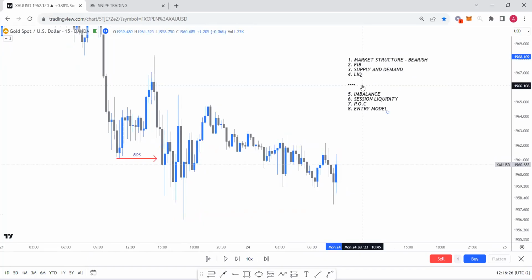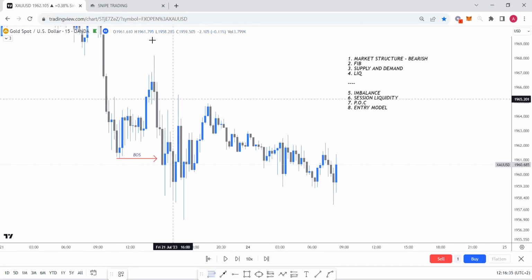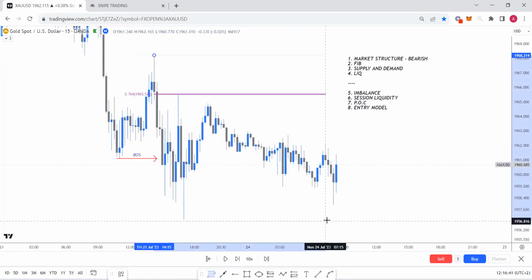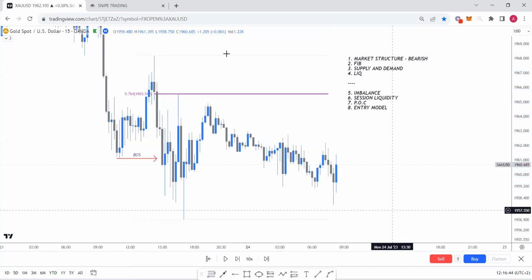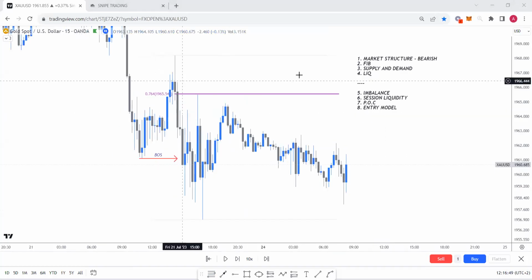So second confluence, we're looking to throw our FIB from the high to the low. In this case, we can throw it from right up here to this low right here. Okay. And then we're looking for a supply zone within the FIB.